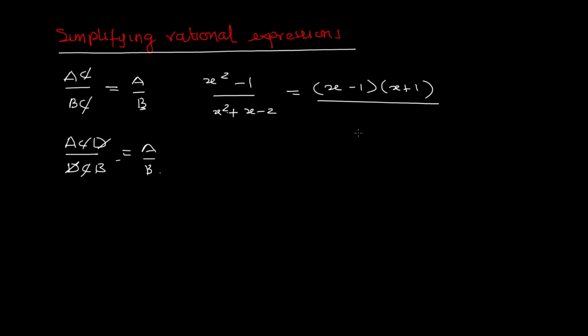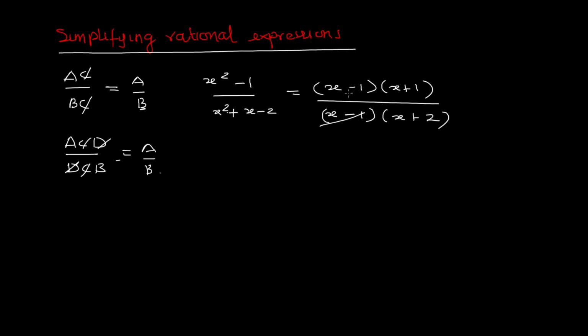Then if we try to factorize this, we can look at the product. Product is minus 2. So what would give us minus 2? If I had to look for 2 numbers that could give me a sum of plus 1, it will be minus 1 and plus 2. So this gets to x minus 1, and then x plus 2. That's the factorization of this.